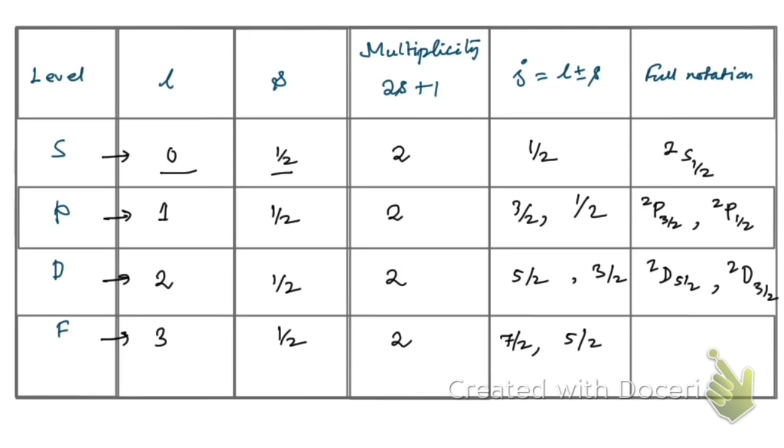Now what we're going to discuss here now is the fine structure. Let's discuss about the fine structure. Okay, then we also must know that the selection rule is del j equal to 0 and plus minus 1, and del L is equal to plus minus 1 and del s is equal to 0.